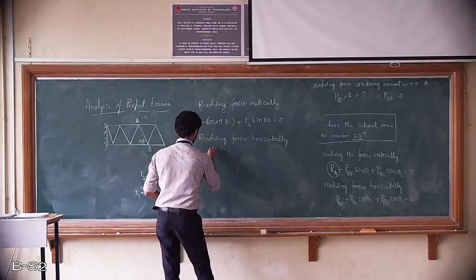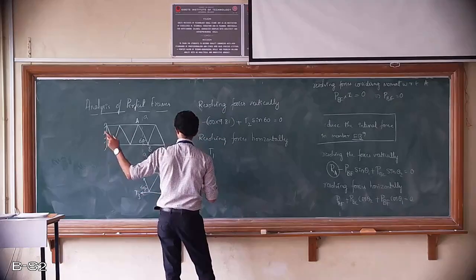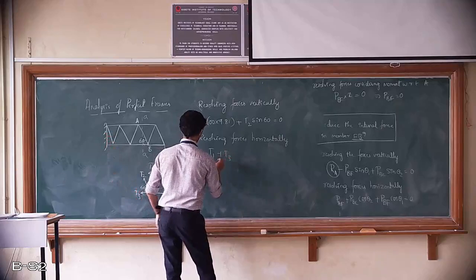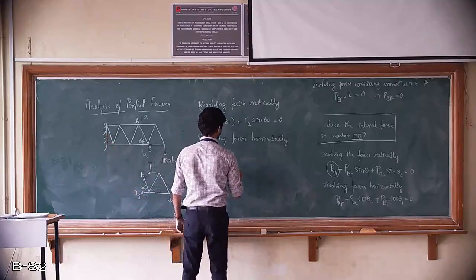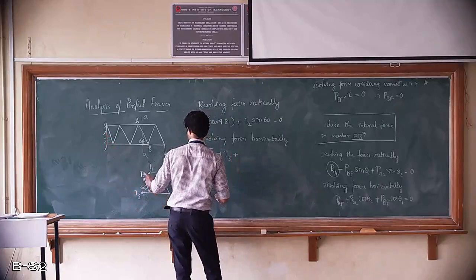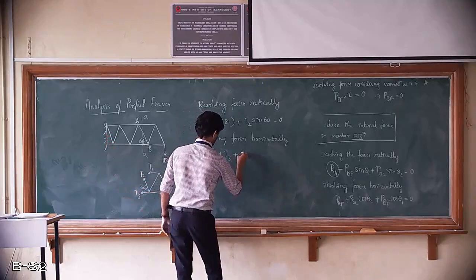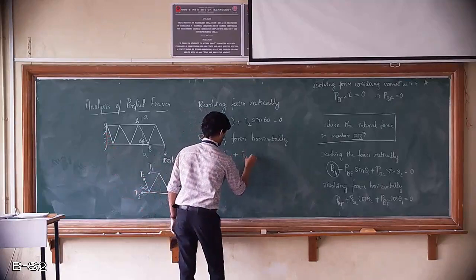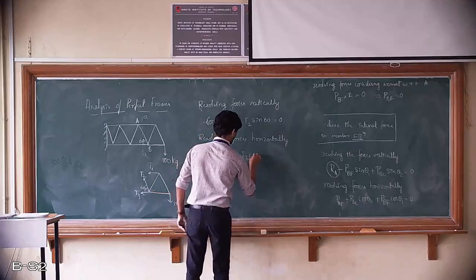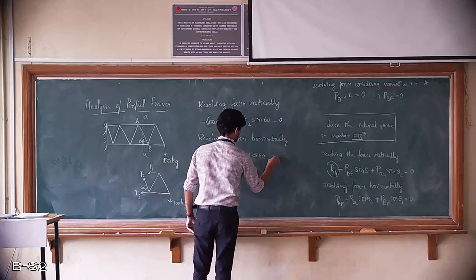In that case, T1 positive acting towards left, plus T3 acting negative, plus T2, which is inclined towards the left side only, so it is T2 times cos 60, which should be equal to 0.